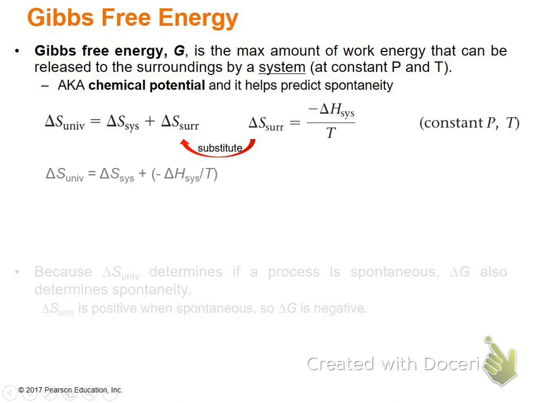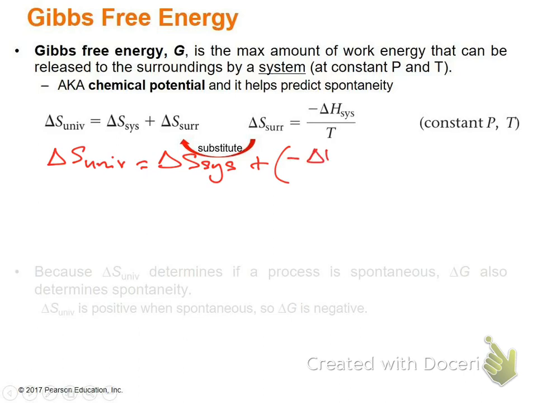So we have delta S universe equals delta S of the system plus negative delta H of the system, which is the change in enthalpy for the system, divided by T.